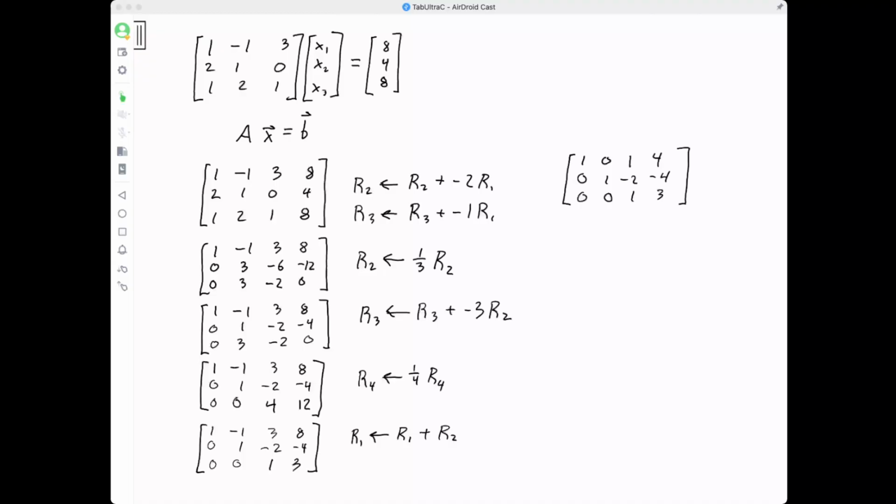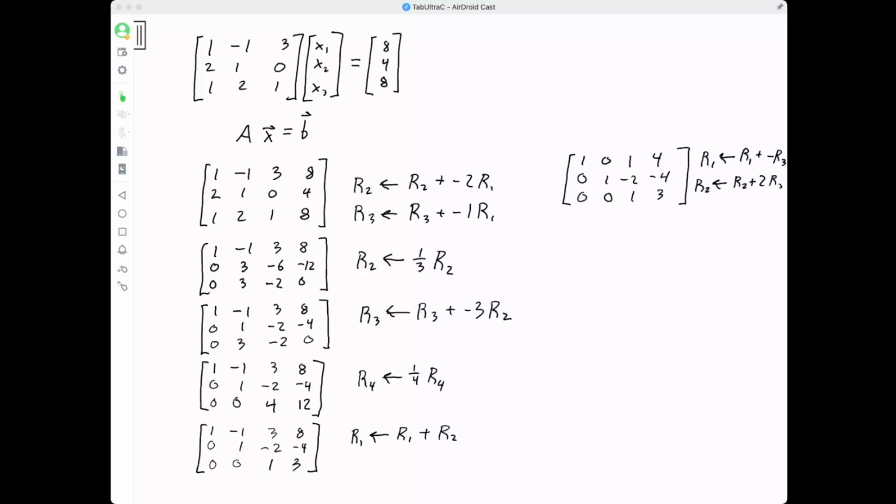Now I need to take the third row and clear everything out from the first two rows that are above the leading one in the third row. So I'm going to take row 1 and replace it with row 1 plus a negative row 3. And row 2 is going to become row 2 plus 2 times row 3.